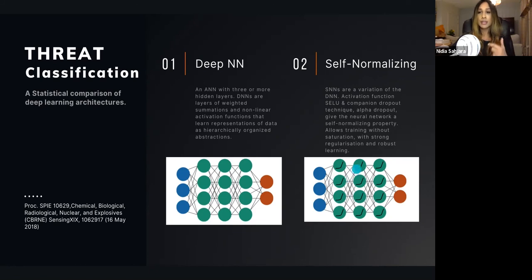And the difference here is the SELU activation function and the companion dropout. It basically creates a technique, and this is the main thing we have to focus on, which is the self-normalizing property. One of the things I was looking at with the theory behind it is that it allows you to train without saturation.